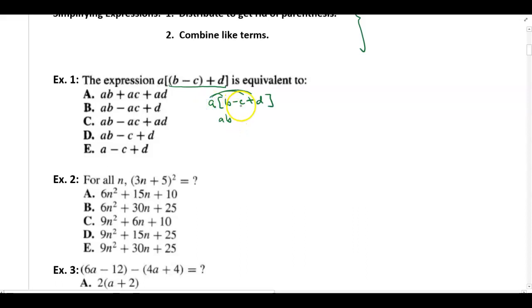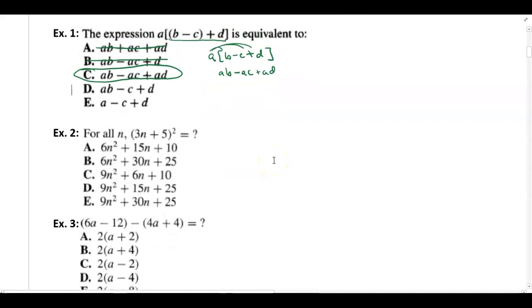Then a times negative c is negative ac, so we subtract it. A times d is plus ad. Right away, when I look at this, that's addition, so that can't work. Remember, you have to distribute the a to the d. So ab minus ac plus ad. There we go.